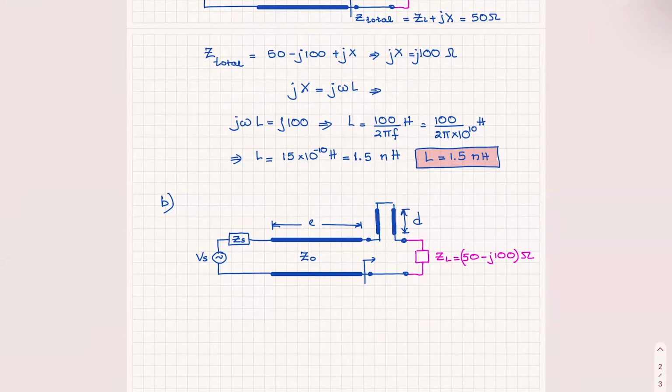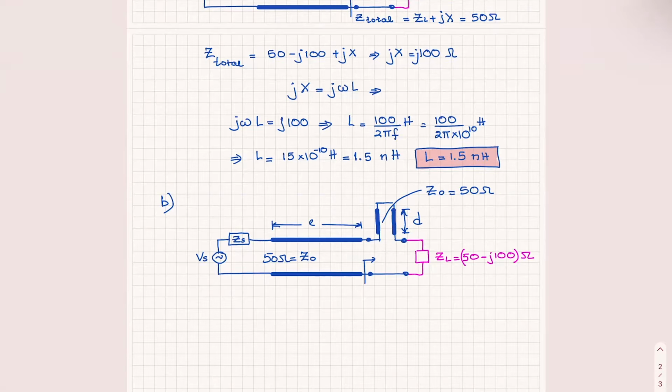The length of the stub will be D, and I will assume, because nobody has told me what the characteristic impedance of the stub is going to be, if they don't tell me, I will assume that this is Z naught, which is 50 ohms. You remember, if I don't specify the characteristic impedance, you're going to assume 50 ohms. For the stub, I did not specify, so you will assume 50 ohms.